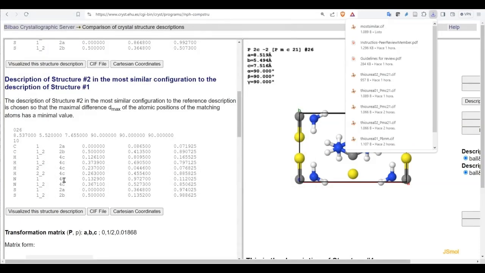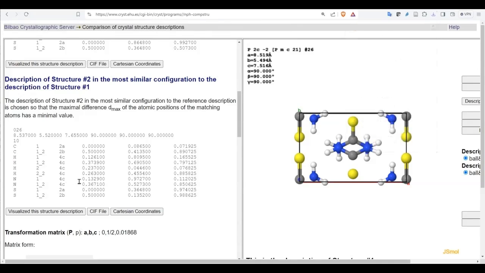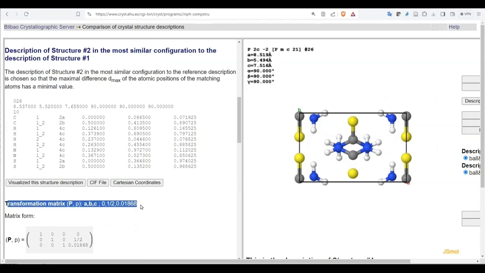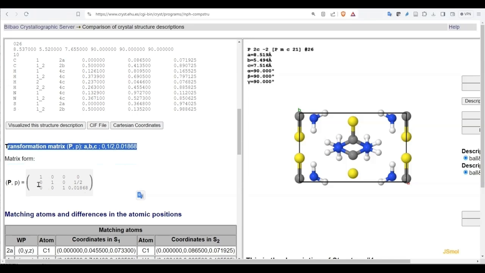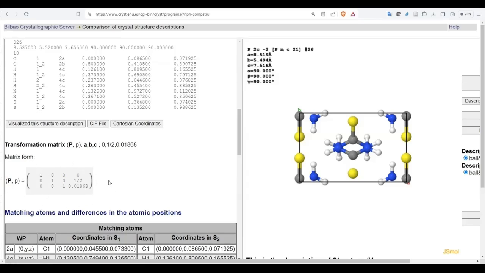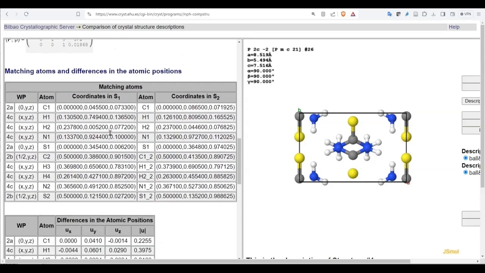So then you can use any software you want to visualize and compare the two models. Here we have the transformation matrix for making structure 2 as similar as possible to structure 1. There is only a translation that needs to be applied because both structures were represented in the default setting of a space group.